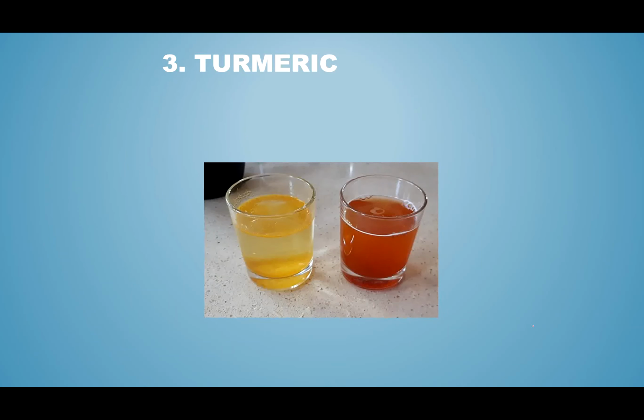Now next is the turmeric. It's a very common substance which we use in everyday life in our food, so you can easily do it in your home to check whether different substances are acting as acids or bases. We can take the turmeric, add water, and make a turmeric solution.